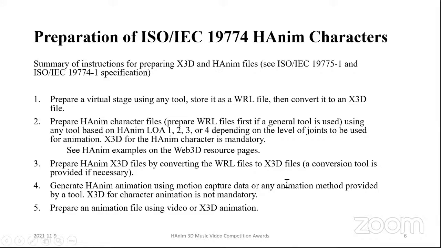To simplify things, X3D animation code was not mandatory. However, if X3D animation code was generated, it was ideal and taken under consideration during judging. The last step is to prepare an animation file using video or X3D animation.